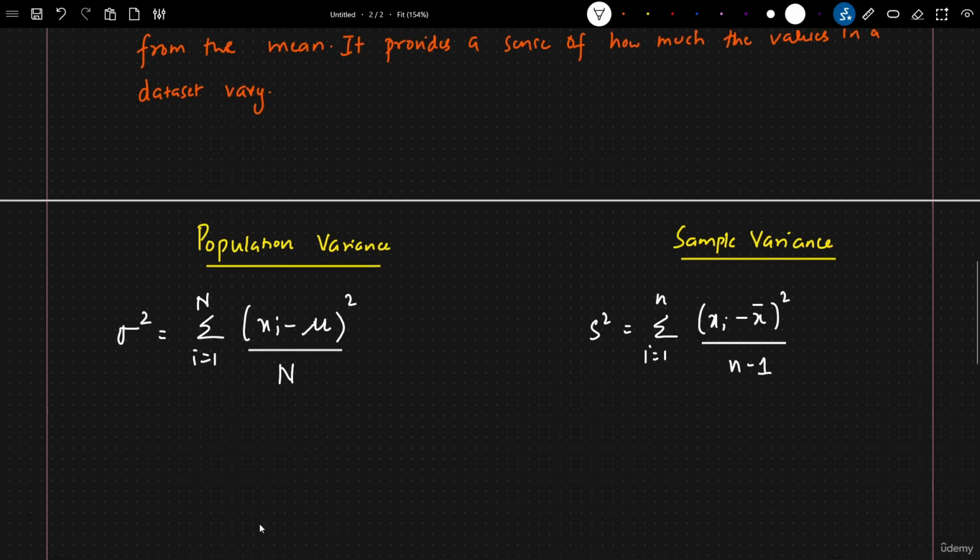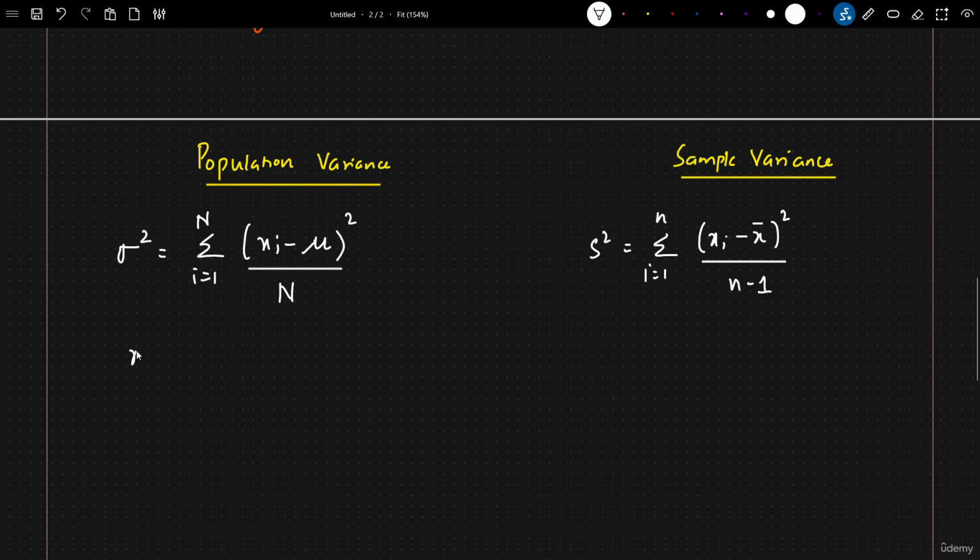Okay. So first of all, let's understand what x i is. X i is nothing but the data points. Then mu here is basically called the population mean.